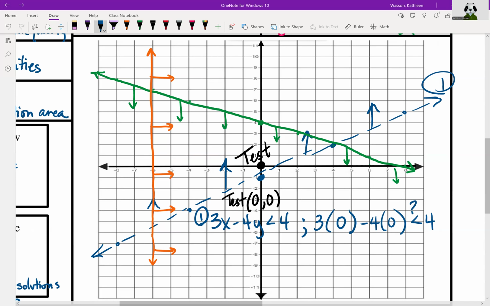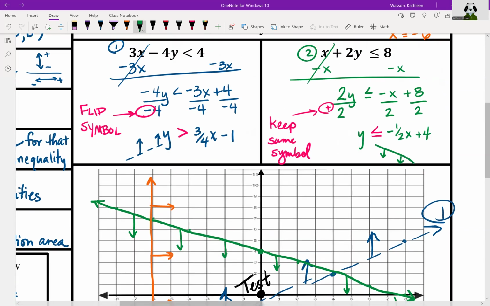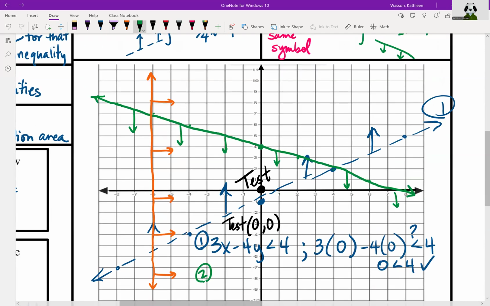And I'm checking this to make sure that it's true. 0 is less than 4. So that works out for that inequality. For the second inequality, I have x plus 2y is less than or equal to 8.